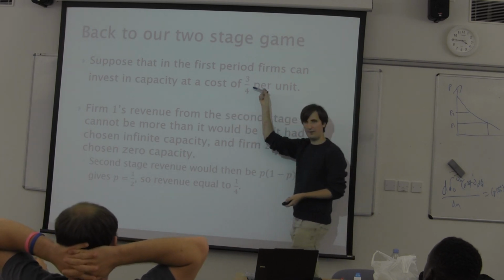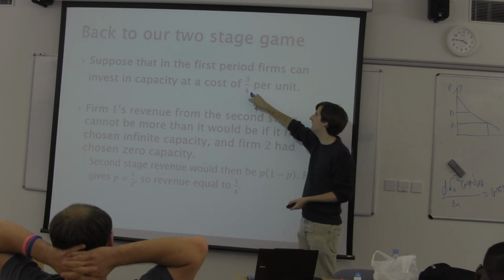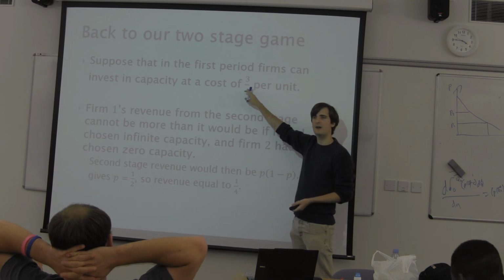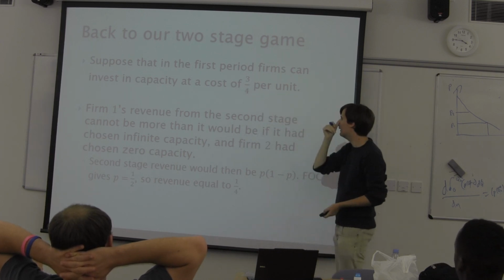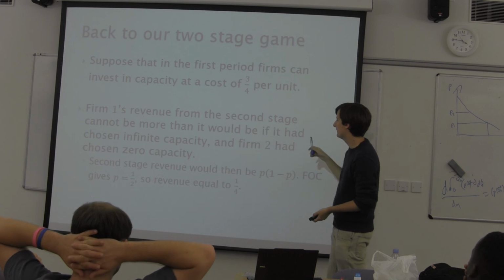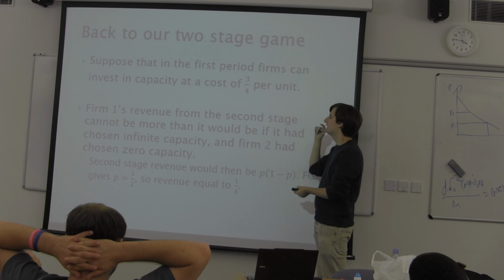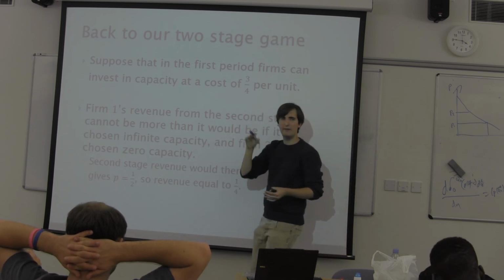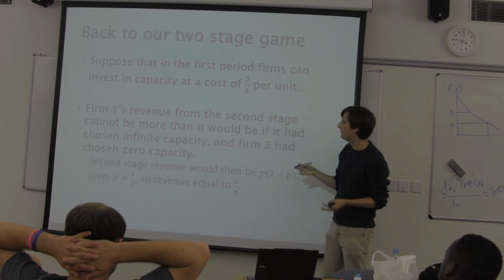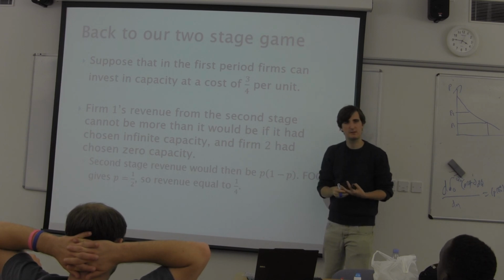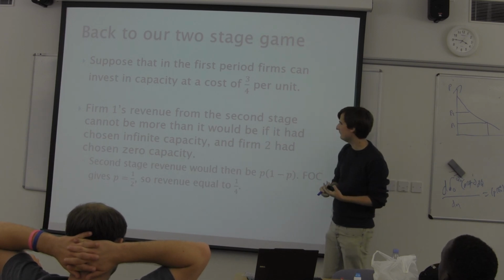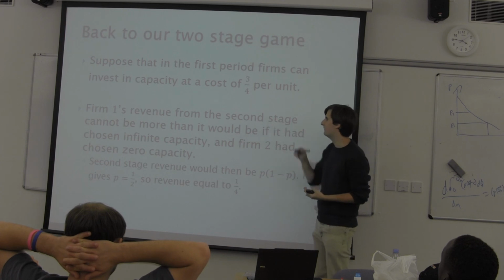Let's suppose that the cost of investing in a unit of capacity is 3/4. I've carefully chosen it so that the maths is nice and easy. The first thing we're going to do is get a bound on the maximum revenue that they could get in the second stage.